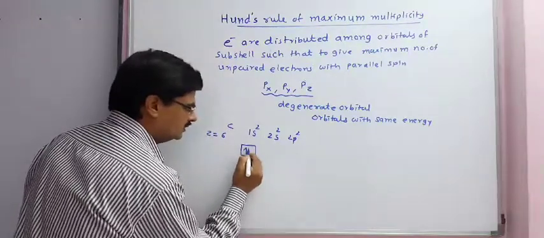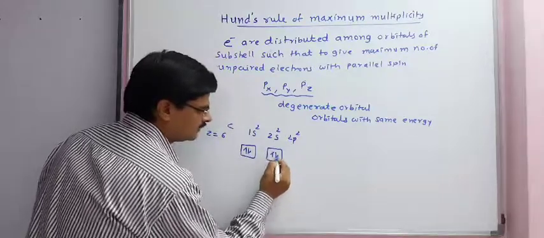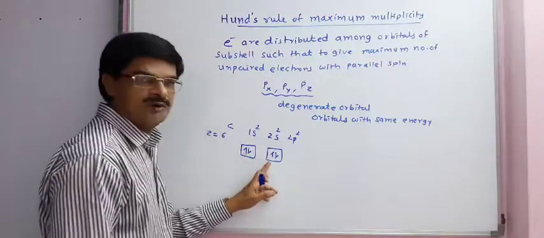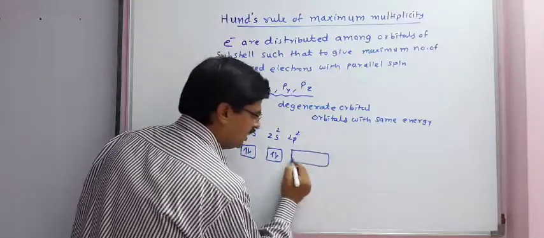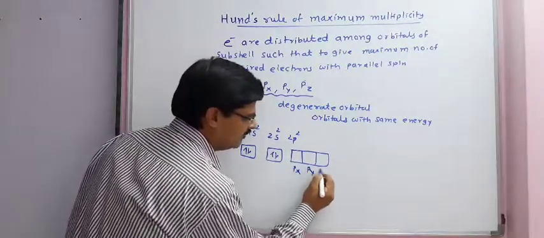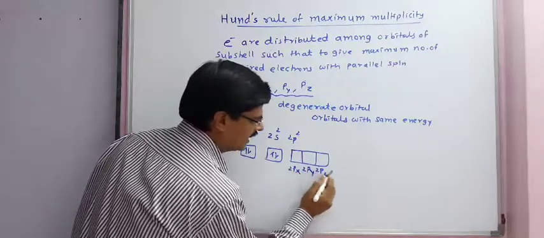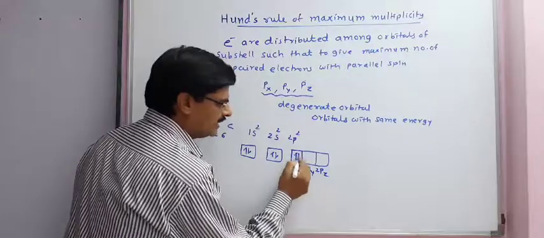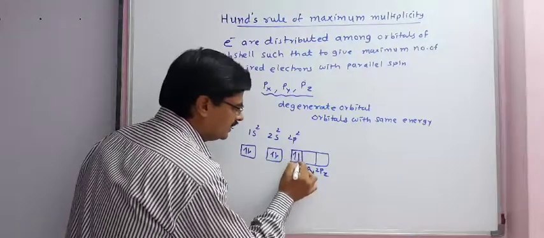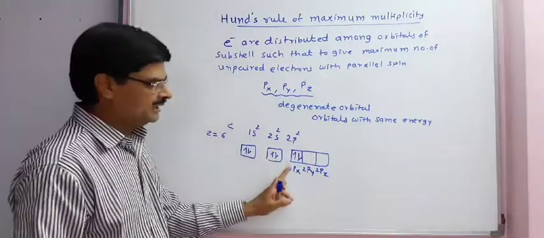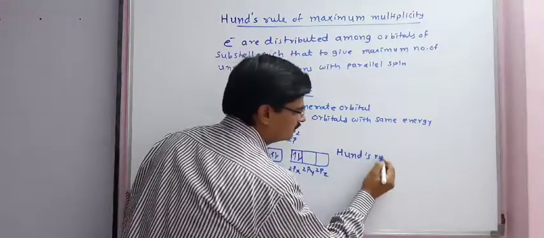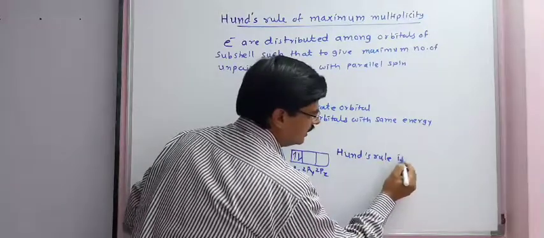So when we draw the electrons, for 1s orbital we have 2 electrons. In 2s also we have 2 electrons. But if we write 2p2, as these are 2px, 2py and 2pz orbitals, if we write both the electrons in 2px orbital, then Hund's rule is violated.